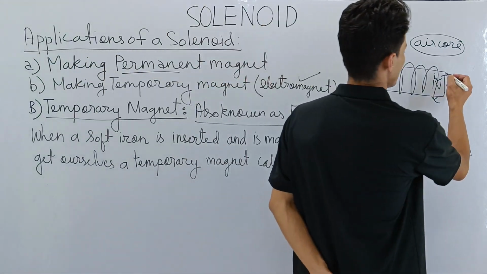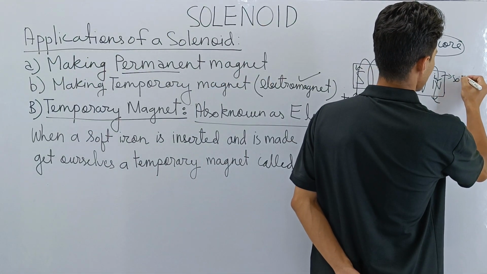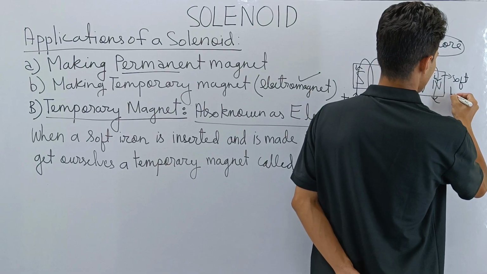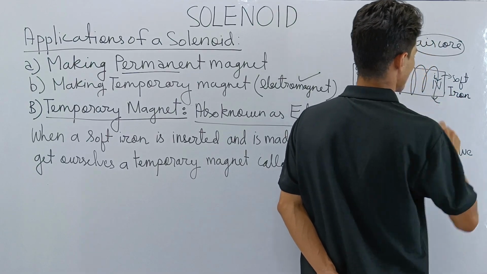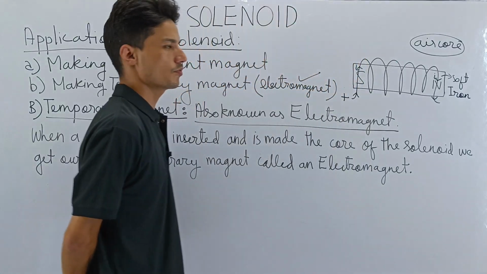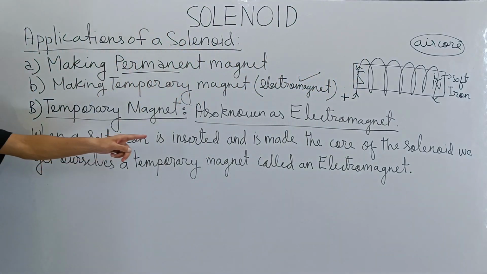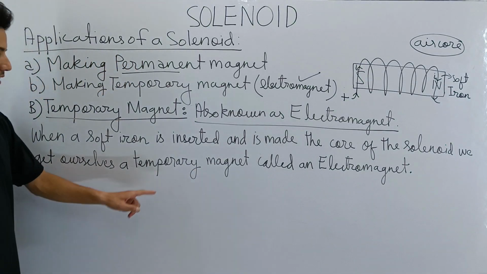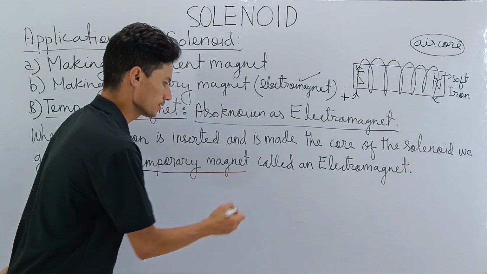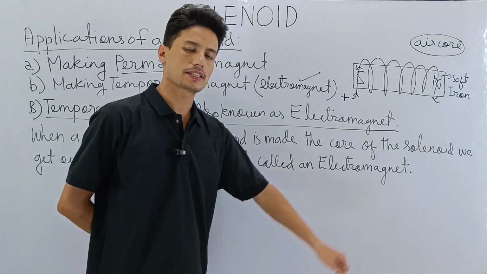So now this is a soft iron. So now the core is made of soft iron. So when a soft iron is inserted and is made the core of the solenoid, we get ourselves a temporary magnet called an electromagnet.